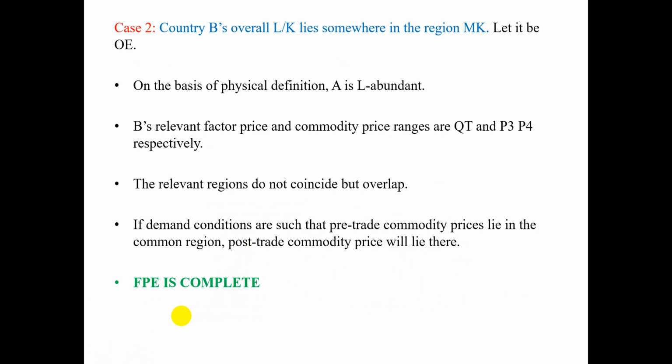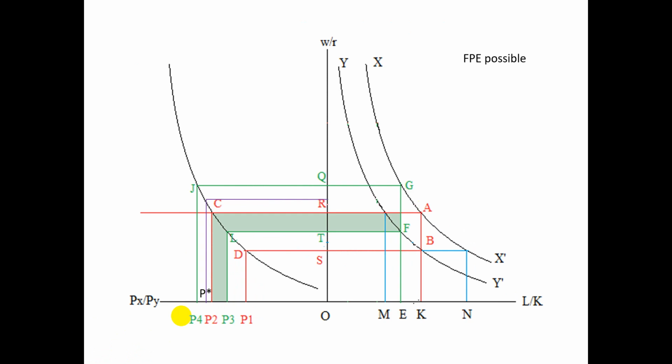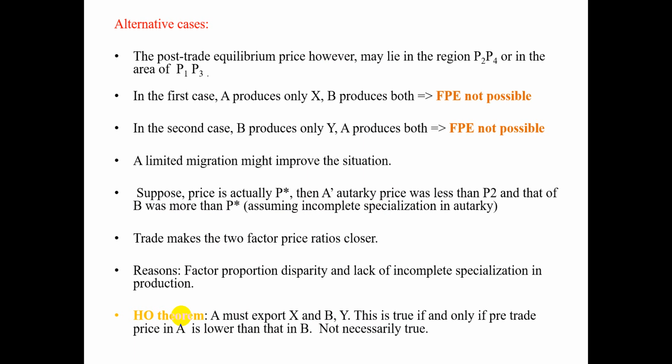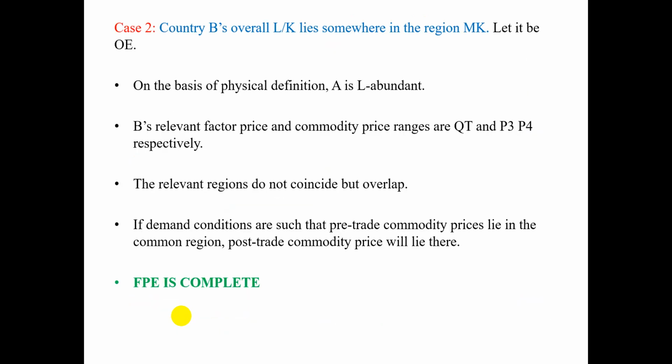Now we may consider some other cases also. In fact we shall be talking about two more cases. One is case 2 and the other is some other alternative case. So let us now consider case 2. Here country B's overall labor capital ratio lies somewhere in the region MK, where country A's overall labor capital ratio is OM.